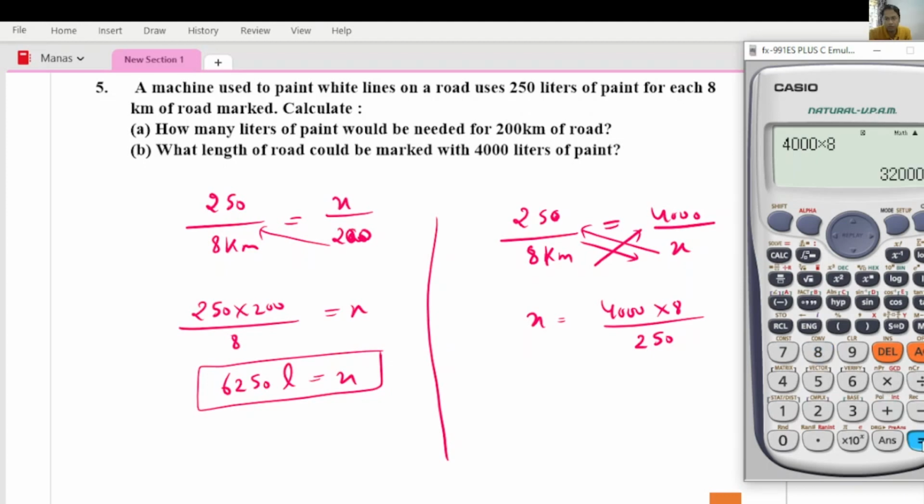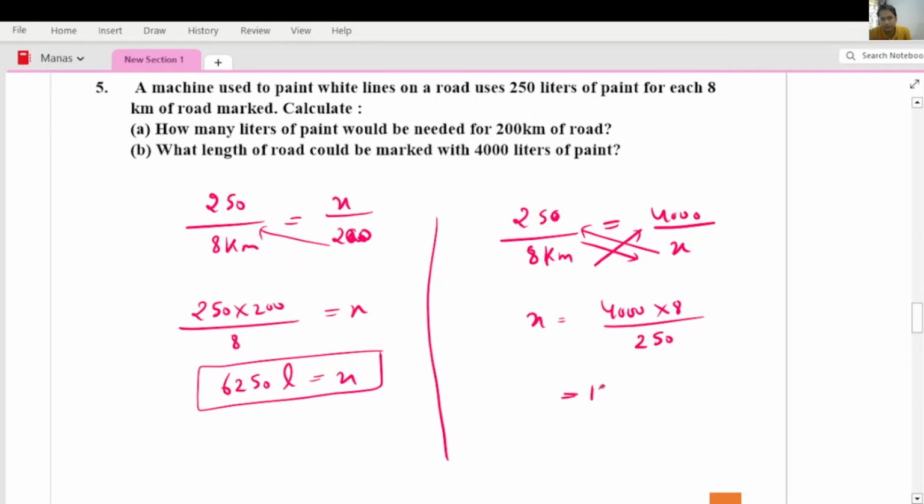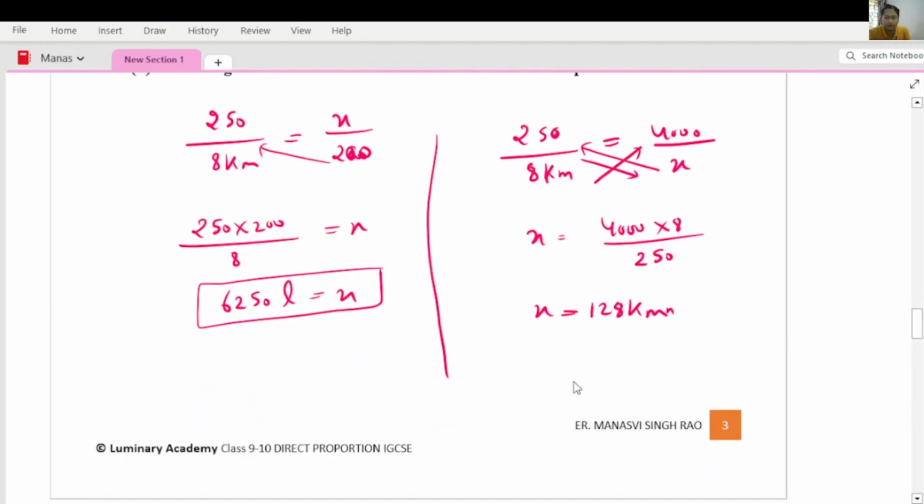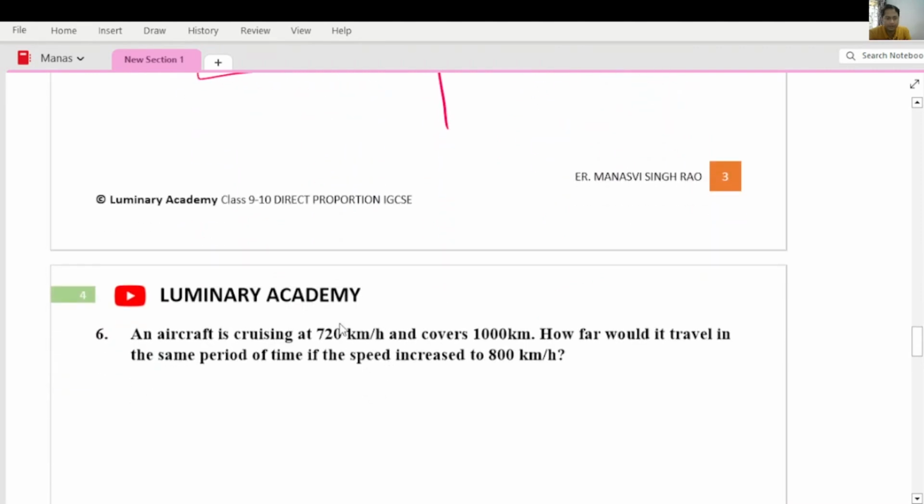Otherwise in CBSE it is not allowed, obviously. So it is 128. So 128 kilometers can be covered using 4000 liters of paint, right?